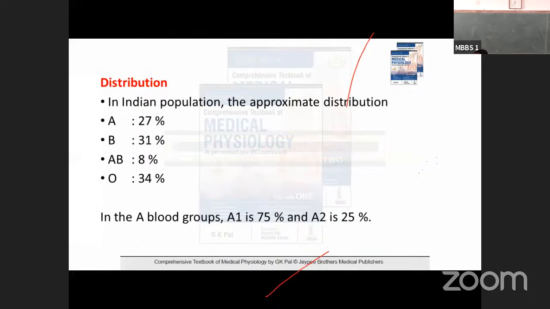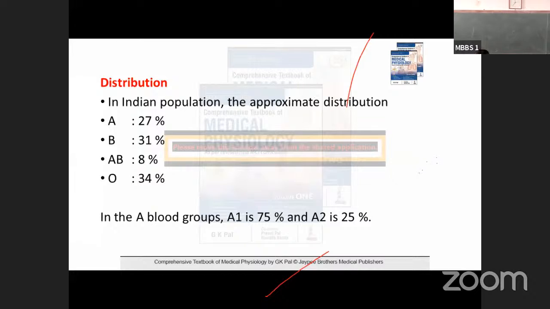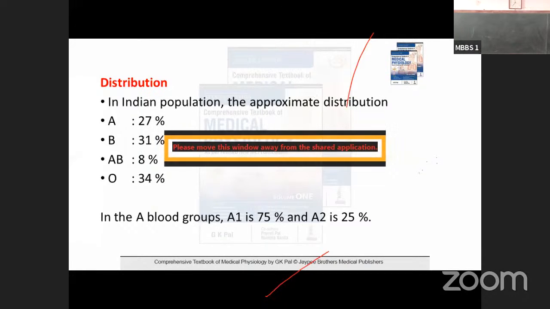Distribution among Indians: the most common is O blood group at 34%, AB is least at 8%, B is 31% and A is 27%. This is the percentage of the blood groups. Of A, A1 is 75% and A2 only 25%.